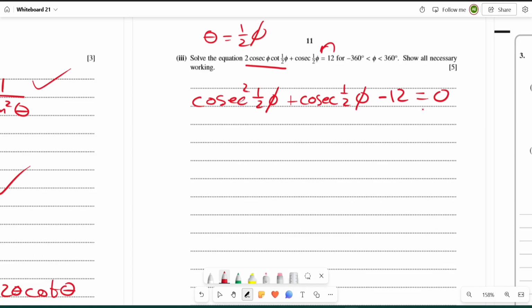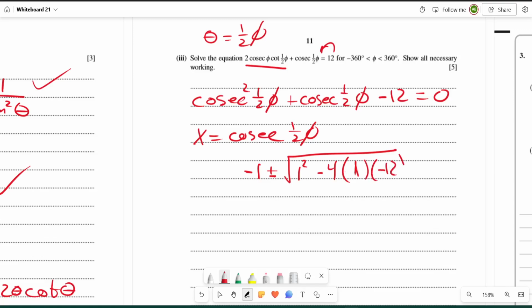So now if you notice, this is also looking like a quadratic equation with x equals cosecant half phi. So we can use the quadratic formula to solve for cosecant half phi. So quickly, it's going to be minus b. B here is basically 1. So minus 1 plus or minus the square root of 1 squared minus 4 times a, which is also 1, and c is negative 12, over 2 times a, so 2 times 1.